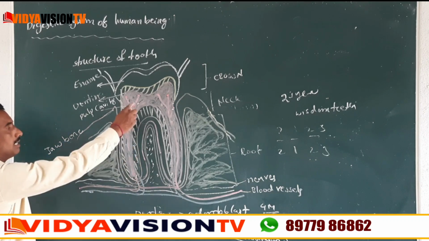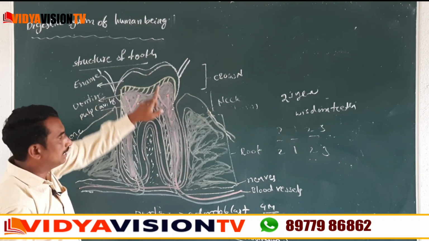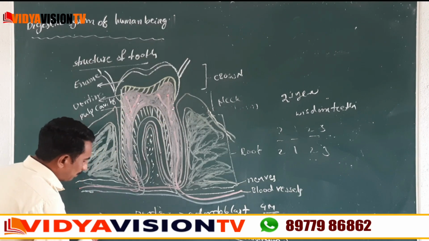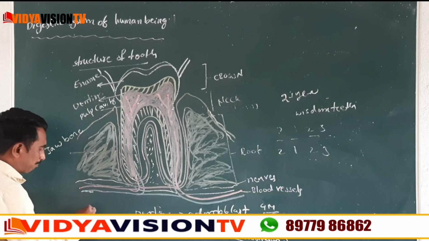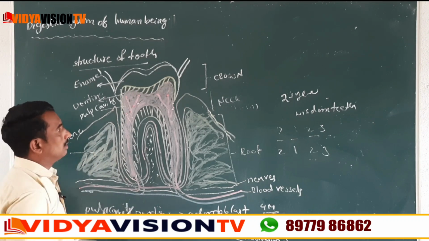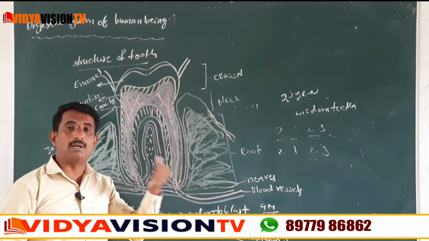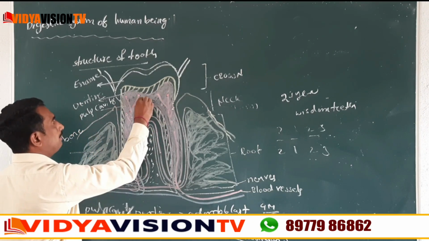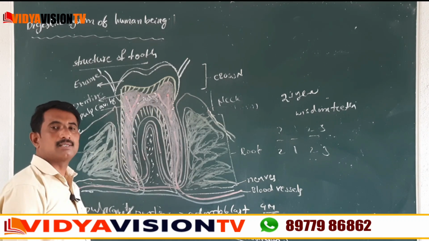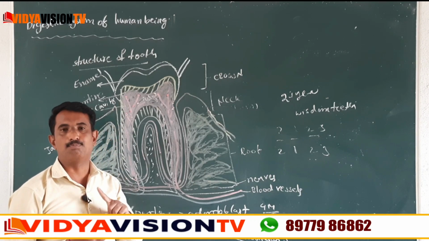Next, the inside of the tooth has a small cavity. You observe this color. That cavity is called the pulp cavity. That pulp cavity is filled with the pulp, children. Pulp means odontoblast cells, nerves and blood vessels.